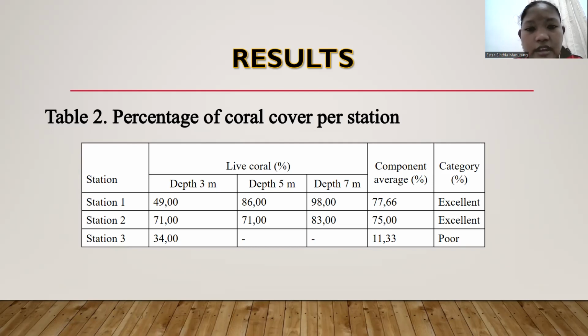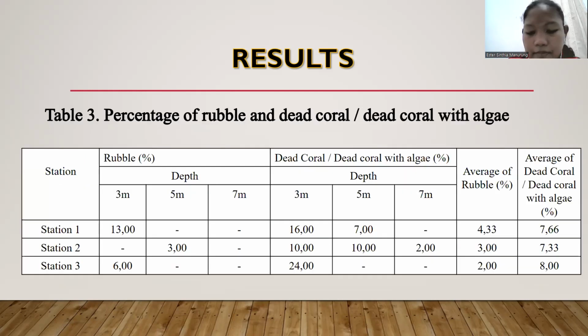Okay, the next is Table 3, the percentage of rubble and dead coral with algae.